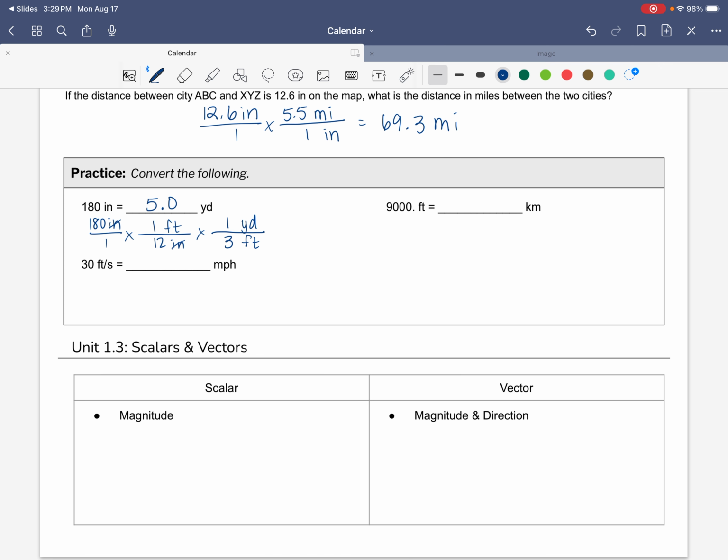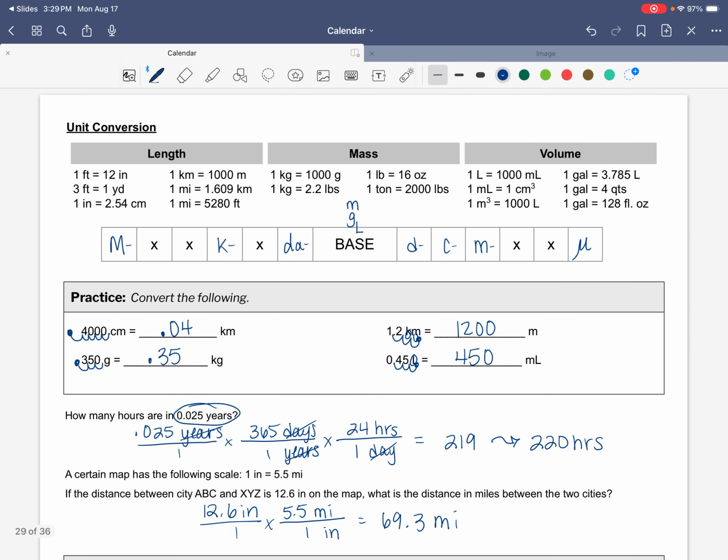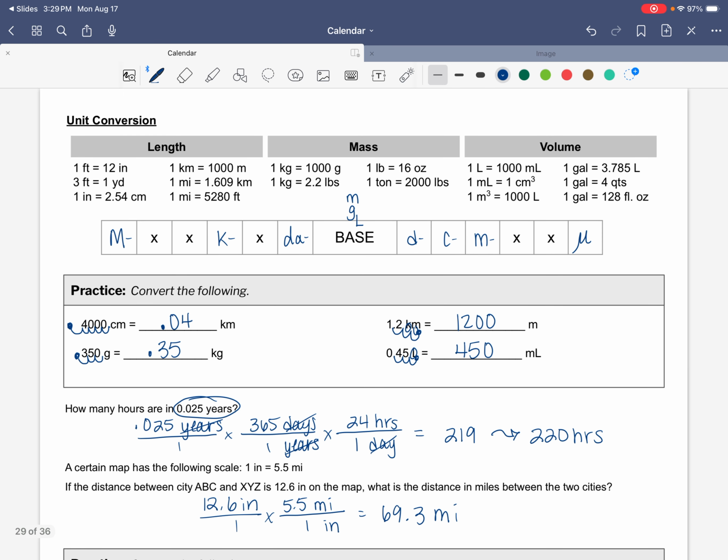I do need to include the 0.0 because I need to report 2 sig figs, since my initial measurement had 2 sig figs. Okay, for the next one, I have 9,000 feet is equal to how many kilometers? I am going from imperial feet to metric kilometers. Looking up at my lengths, I know I'm going to be using one of these for my conversion factor.